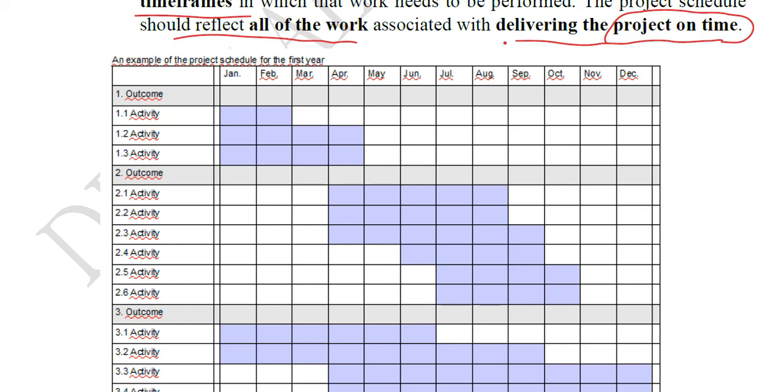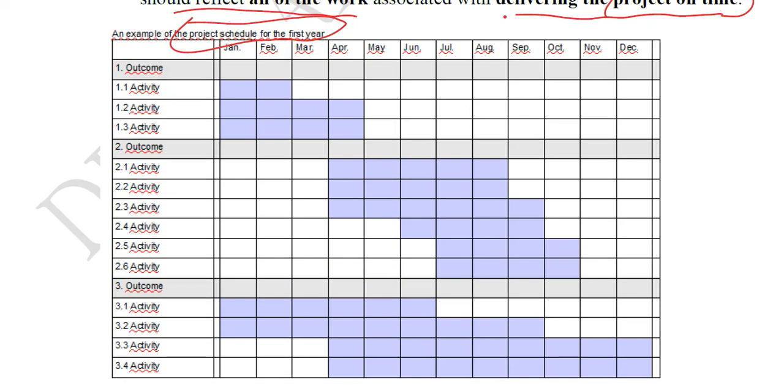and we want to make sure that the activities are performed at their specific time. It's just an example of that where the project schedule of the first year is plotted. You can see we have divided it into 12 months because it's a 1 year. So on monthly basis the activities are being scheduled here. There are broader objectives, outcome 1, outcome 2 and outcome 3.